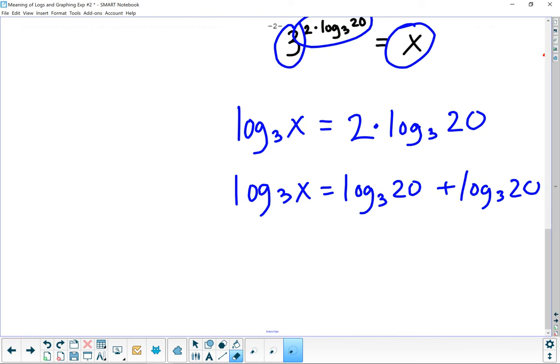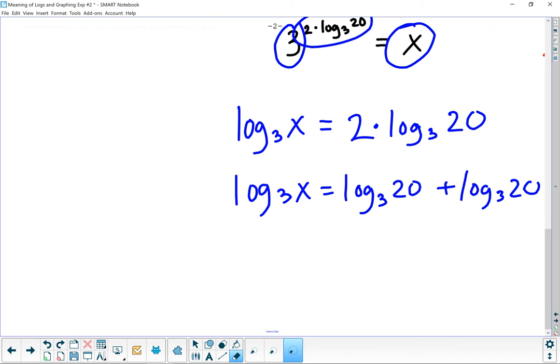Okay. So now this kind of looks right, but it's kind of wrong as well. It's like, well, how do I make that right? Log base 3 of x is equal to log base 3 of 20 plus log base 3 of 20. How do I make that right?